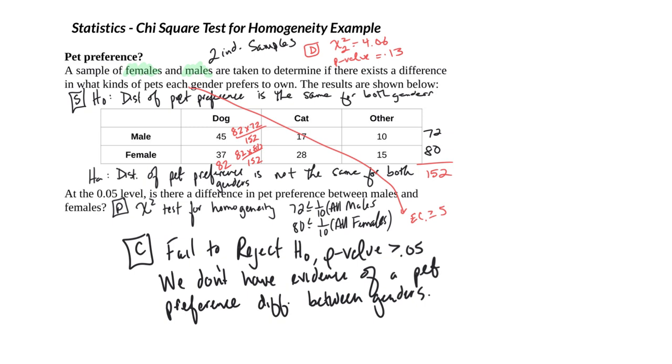So again, just to kind of recap all of the pieces here, we knew to begin with it was a homogeneity type of chi-square because we took 2 separate independent samples from separate populations. The fact that it was 2 samples meant it wasn't goodness of fit and it wasn't independence. So the null and alternative is that the distribution of preferences was the same for the genders.